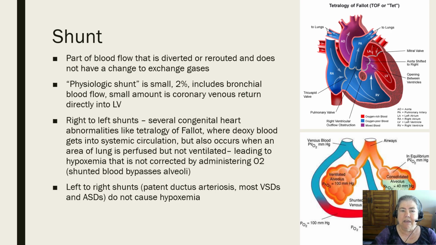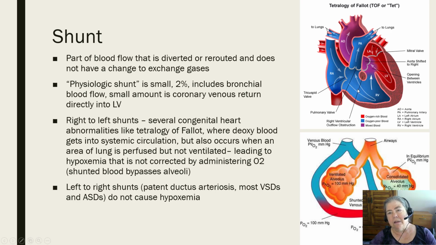So some of the congenital heart conditions, like tetralogy of Fallot, include shunts where deoxygenated blood ends up in the systemic circulation. It can happen in different ways.